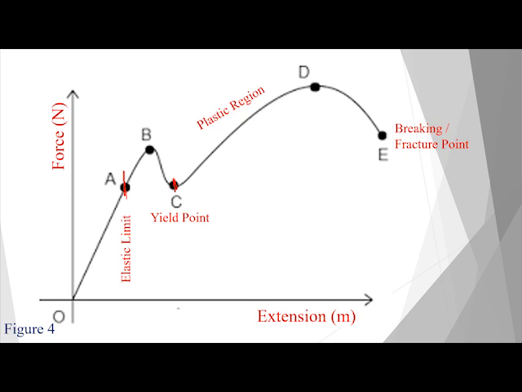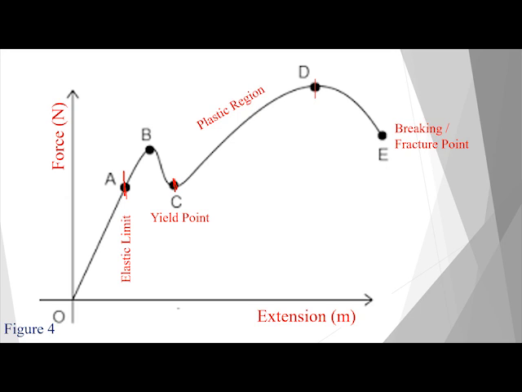Between point C and D, at this point, it is expected that the material must have yielded all its elasticity. That means it will no longer behave as an elastic material, and at this point the material now behaves like a plastic.